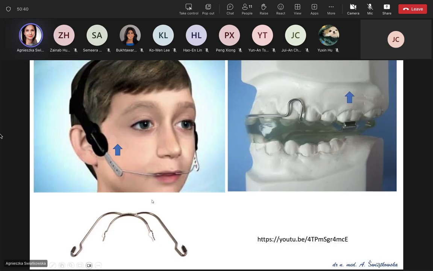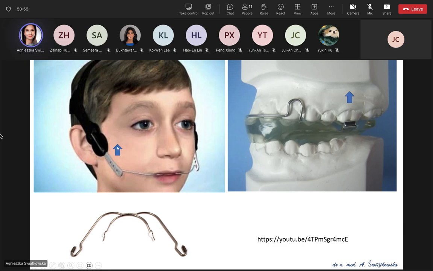Okay, this is high pull headgear. We could have also low pull headgear, and this part is not here but here on the neck.